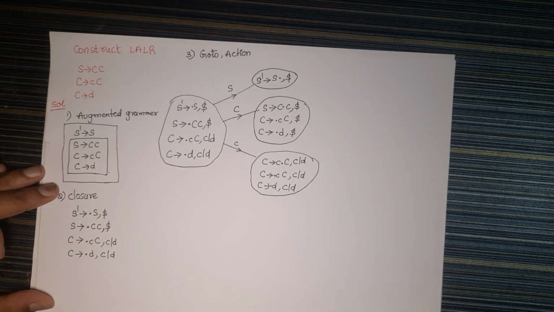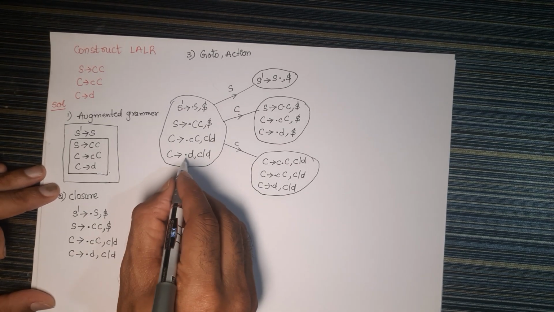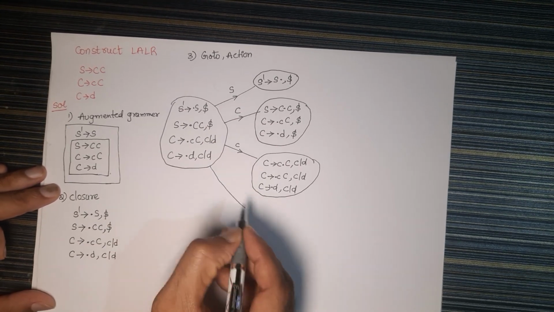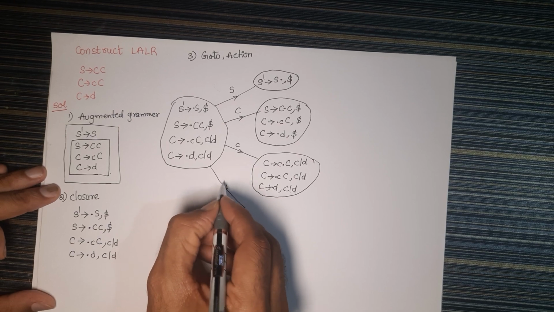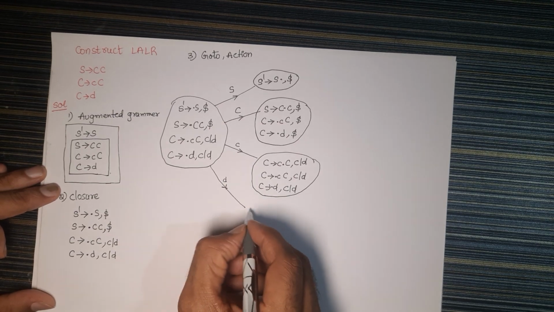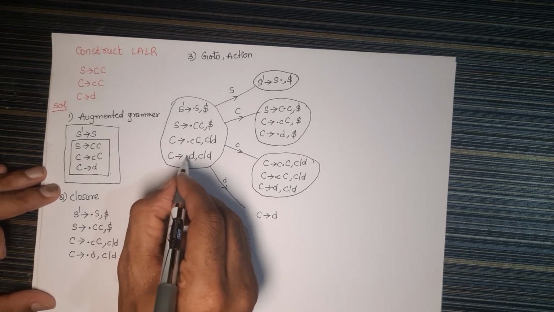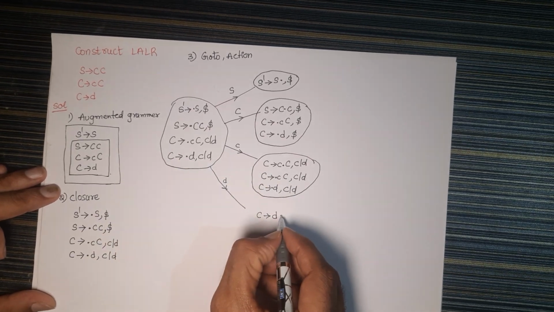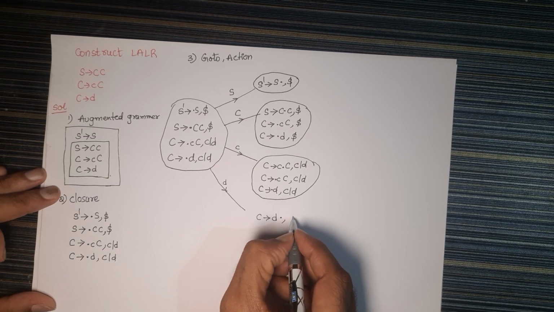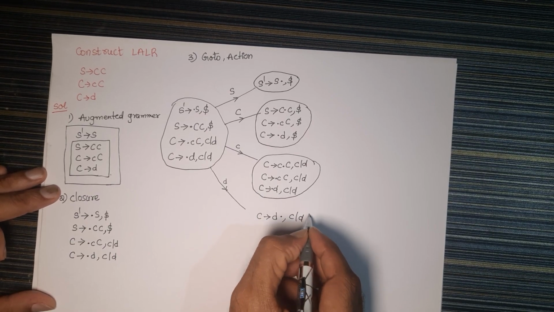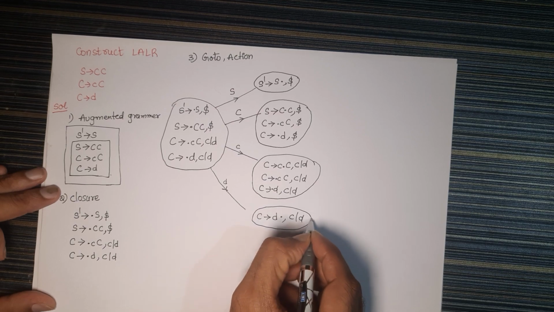goto value. Now after the dot we have d, so we are going to find the value of small d. When the value of small d is there, C → .d will become C → d., and c/d will come as it is.